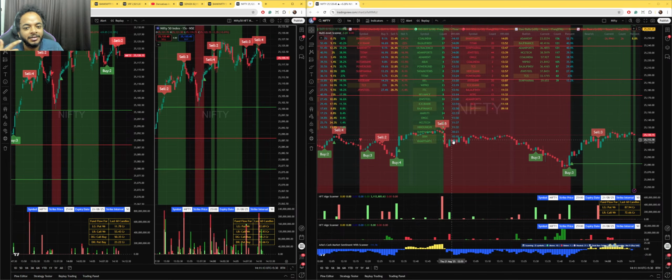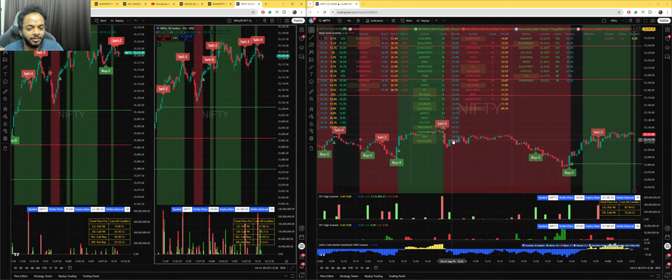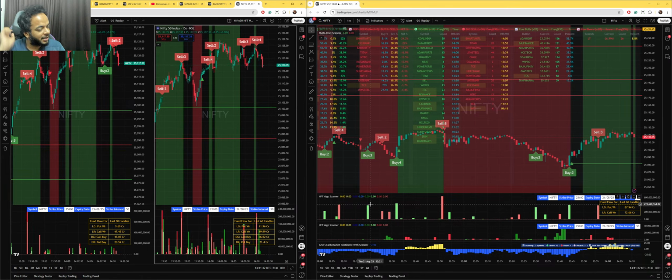Suppose you want to short and you have put three strategies to short. Now with the same strike price, same HFT, if the signal is generated, all three will get executed. That's why I don't feel that is totally automated. That is also kind of semi-automated.